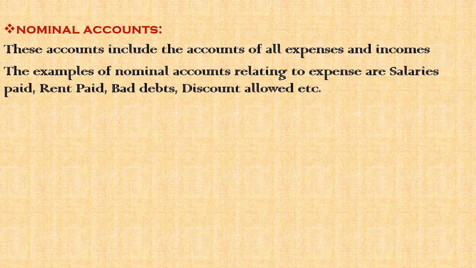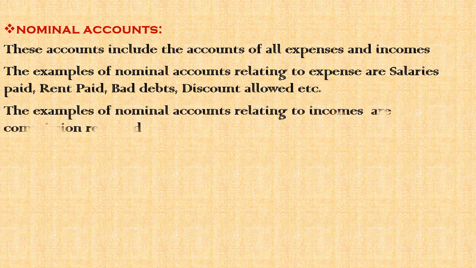Bad debts is also your expense, because it is considered when your customer is not paying you money. Discount allowed, when you allow discount on your product, is also your expense.